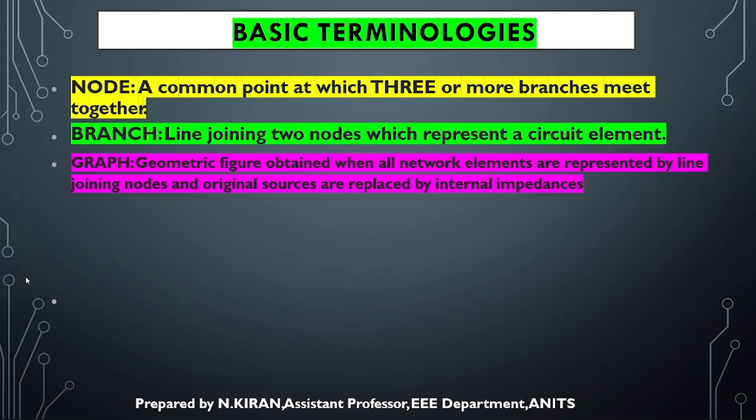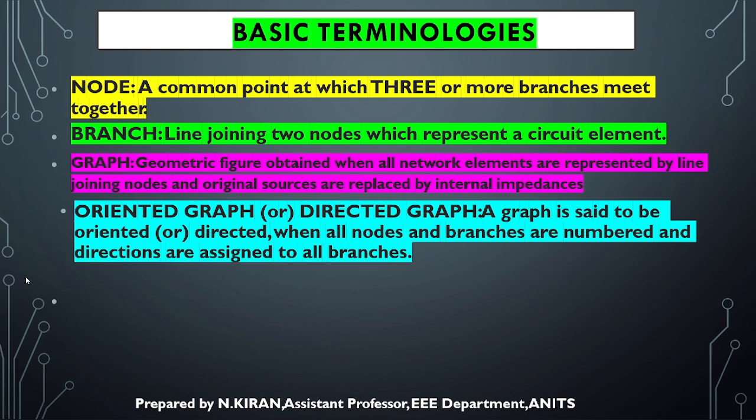So we can define it as a geometric figure obtained when all network elements are replaced by the line segment and the original sources replaced by internal impedances. That is, if you have a voltage source, I should replace by short circuit. Suppose if I have a current source, I need to replace by an open circuit.